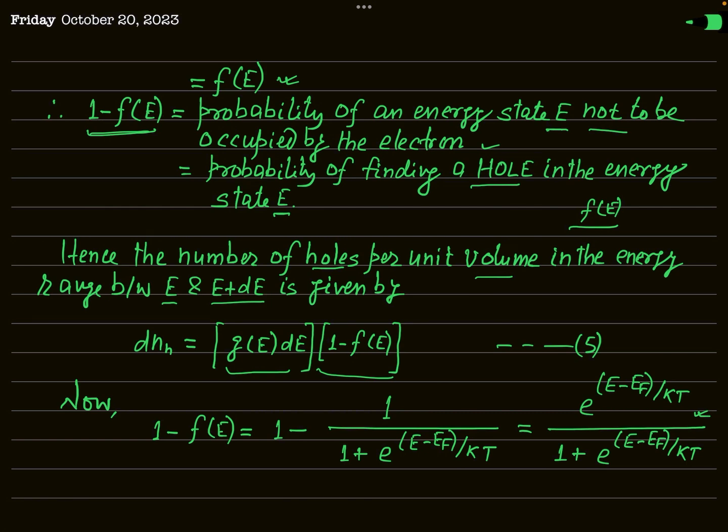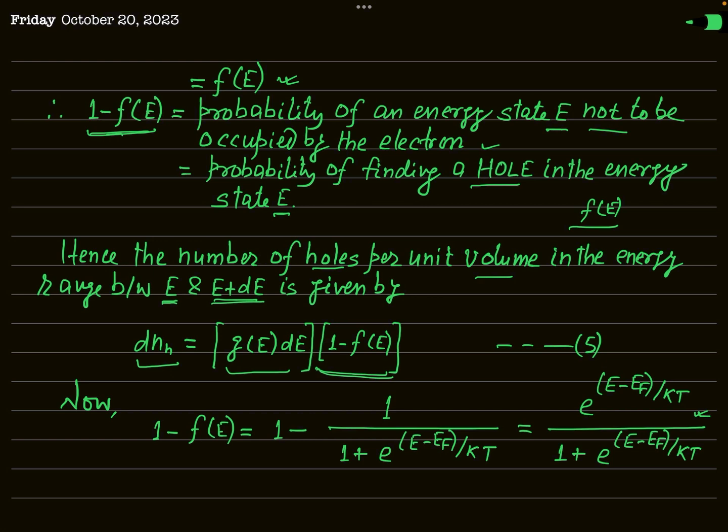But occupation probability for holes at energy E is 1 minus f of E, not f of E. You have just learnt it here. So the number of holes per unit volume having energy between E and E plus dE, which I have denoted by the symbol dn_h, that will be equal to g of E dE times 1 minus f of E. Okay?